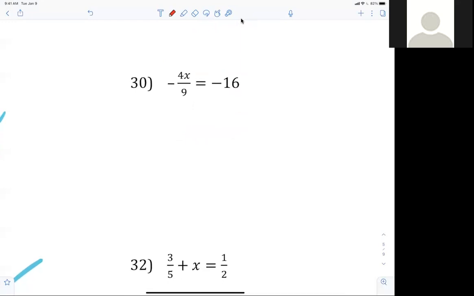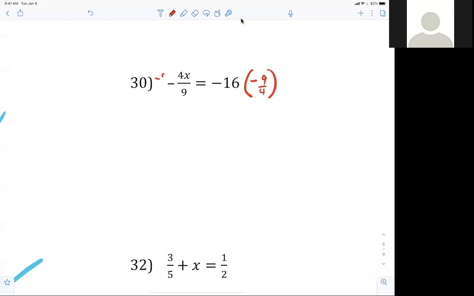Okay, another fraction here. All right, so Misha, what am I doing? Multiply by 9. Oh, no, it's the other side. What is it? 9 over 4x. Negative 9. Now, remember, we don't carry the x.